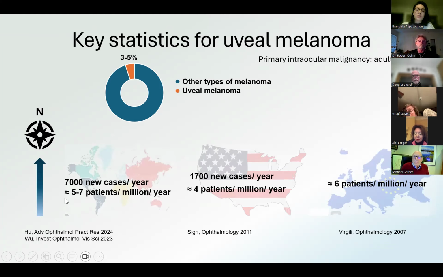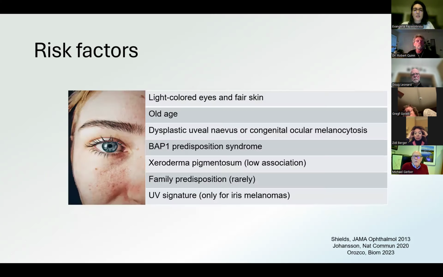Another piece of information I would like to give, for the geographical criteria, is that when we go from southern latitude to northern latitude, we have a higher rate of uveal melanoma, giving us a hint that maybe UV radiation is not the main factor for this disease.